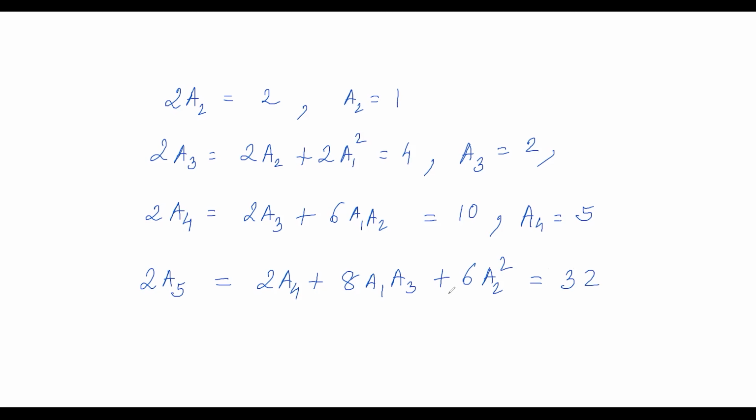So if we have any 5 distinct numbers, we can make 32 alternating sequences. Now the problem was asking us to choose 5 distinct numbers from the set 1 to 20. How many ways can we choose them? It's 20 choose 5. And for each such choosing, we can make 32 alternating sequences. So in total, 20C5 times 32. And that's the answer, and we are done with problem 8.